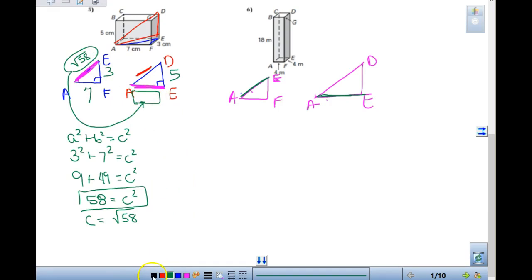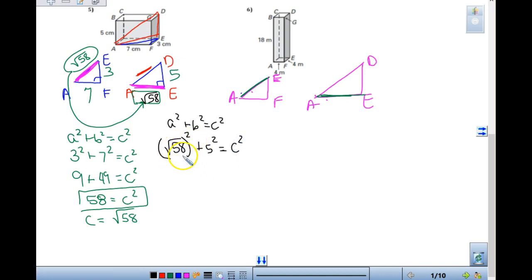Because over here, when I plug in square root of 58, I'm starting this right triangle with A squared plus B squared equals C squared. If you didn't do this, write it down. And here I'm going to put the square root of 58, and I'm going to square that, plus 5 squared equals my last side from A to D, which is what I'm trying to find, C squared.